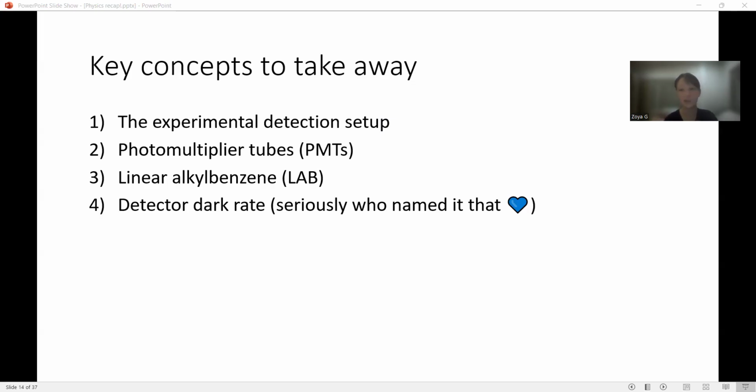So this chemical that we're talking about is called linear alkyl benzene, or LAB. Technically, this is a class of chemicals, but this isn't talked about beyond a brief mention of the structure, which has the formula, and I sincerely hope I do not butcher this.